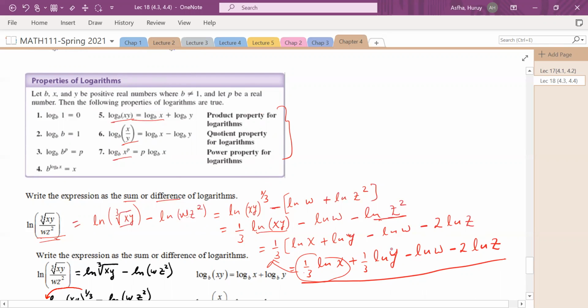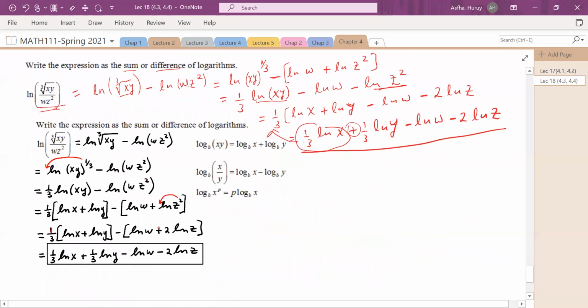I can do the same thing with this one, and then I can change this addition to multiplication by using the product property. So we should be able to go back to the original expression, and this is what we have for that example. These are the properties that we use in each and every step.